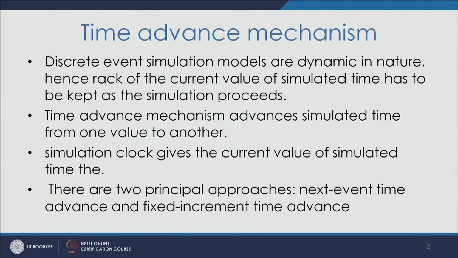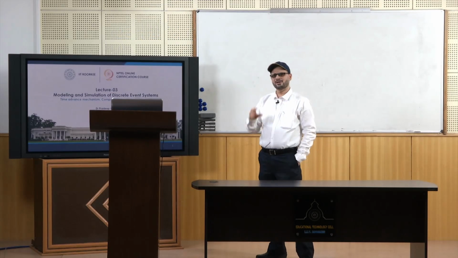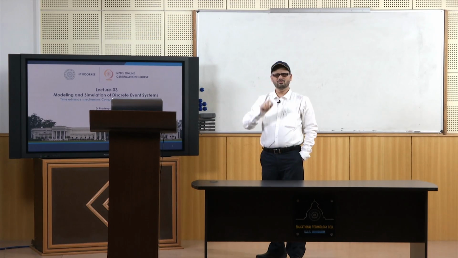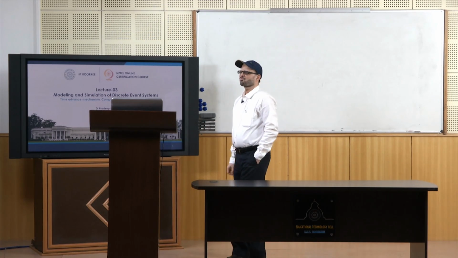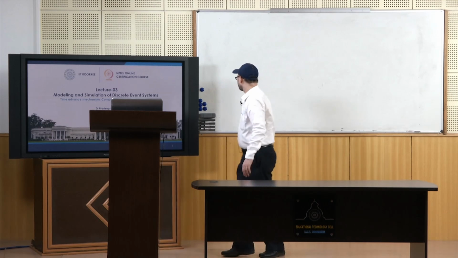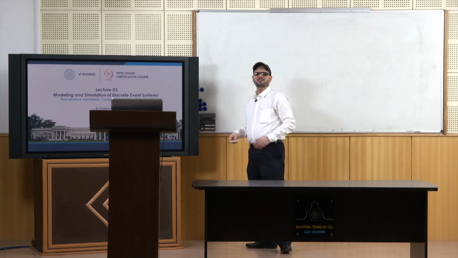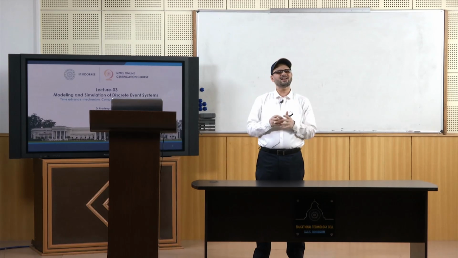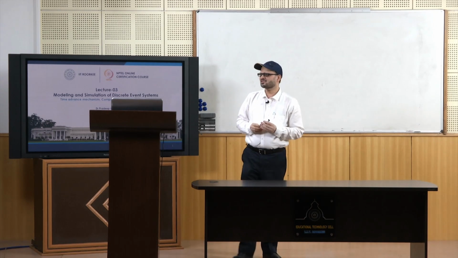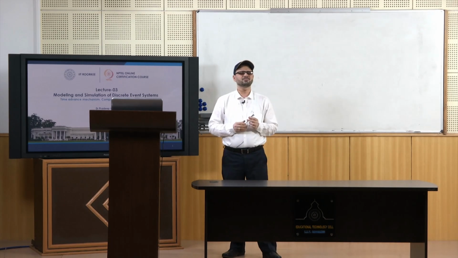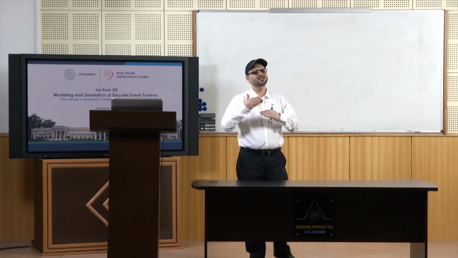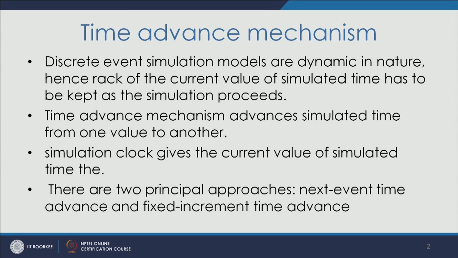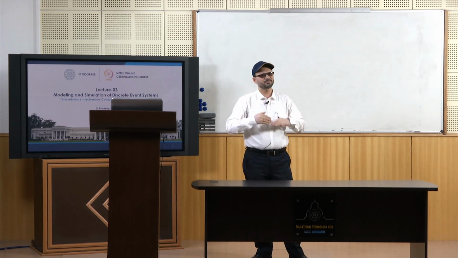In fact there are two approaches to see the time advance mechanism. One is next event time advance mechanism, another is fixed increment time advance mechanism. We will discuss these two mechanisms by which these simulation clocks are updated.